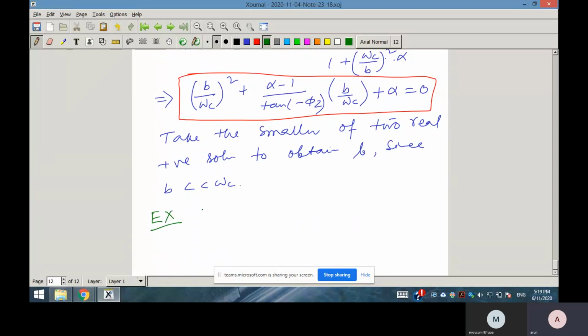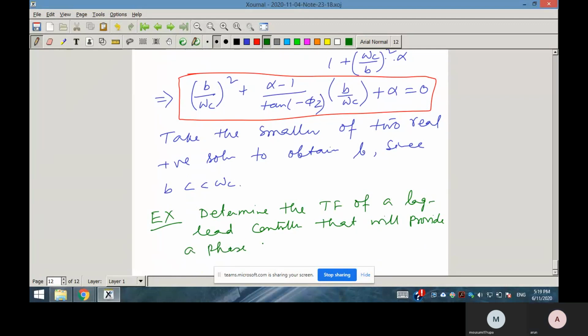So determine the transfer function of a lag lead controller that will provide a phase lead of 50 degrees and attenuation of 15 dB at omega c equal to 6 radian per second.